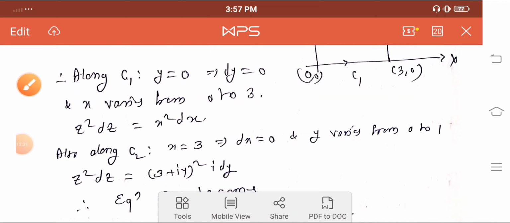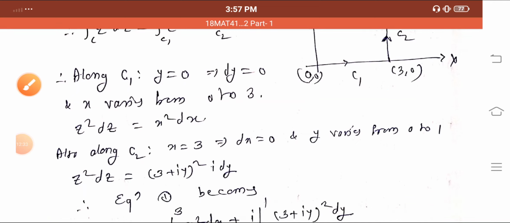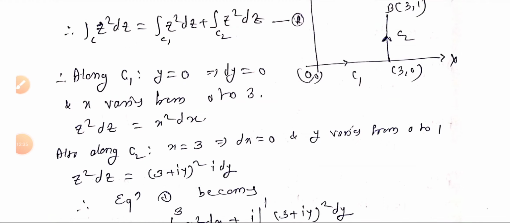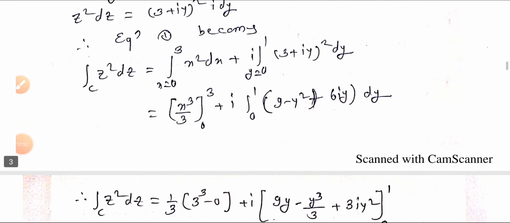So x should be 3, which implies the derivative dx should be 0, and y varies from 0 to 1. So z square dz is nothing but (3 plus iy) whole square times i dy. So equation 1 becomes the integral over c of z square dz equal to, x from 0 to 3, x square dx, plus i into bracket, y from 0 to 1, (3 plus iy) whole square dy.